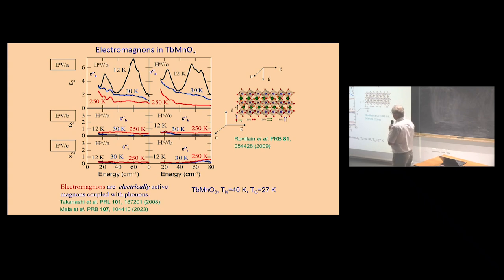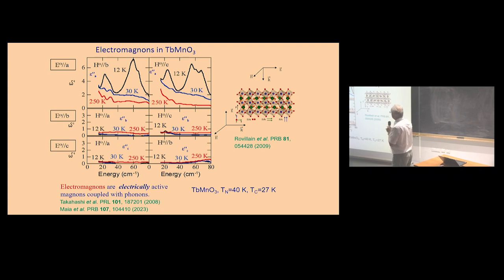The point is, for determination of electrical activity you have to measure terahertz spectra at all possible polarizations. You have to imagine that terahertz radiation has an electric vector and a magnetic vector and some propagation vector. And when they measured spectra with electric vector along the A-axis, they see two excitations very similar for two different magnetic vectors along the B-axis and along the C-axis.